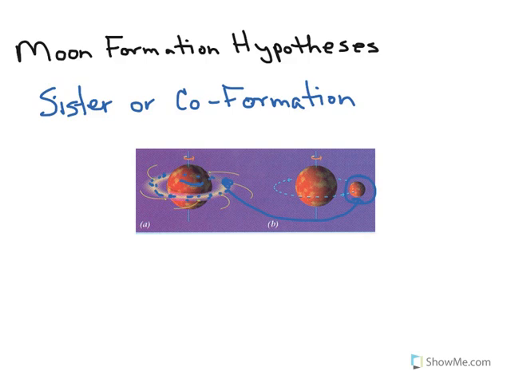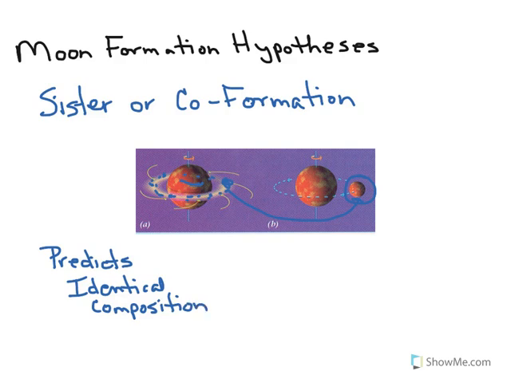Just like with the fission hypothesis, this again is going to predict an identical composition, because that material in the disk around the forming Earth is going to be made of the same material that actually got used to make the Earth.